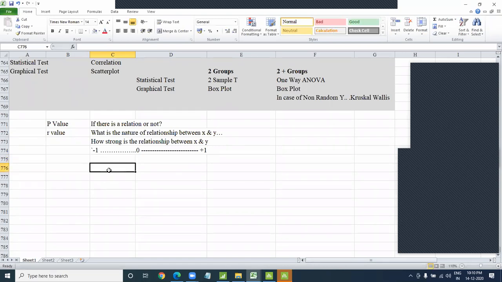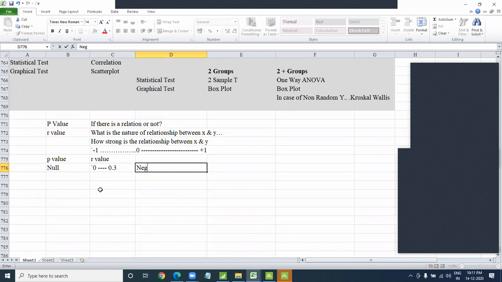If your R value ranges between 0 to 0.3, generally you'll have a null for the P value. Practically, every time you have a null, you'll see the R value like this. And it means there is negligible or no relation.